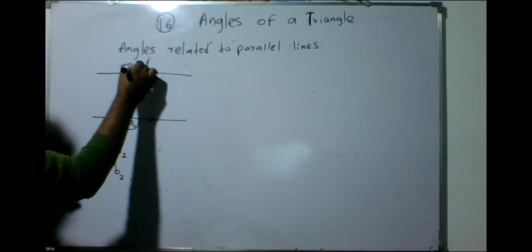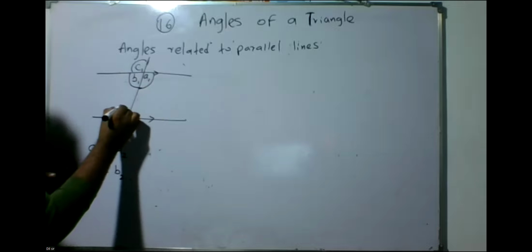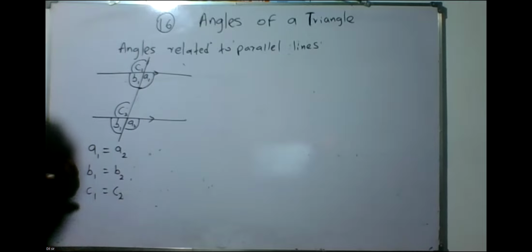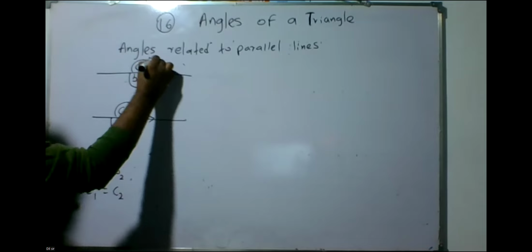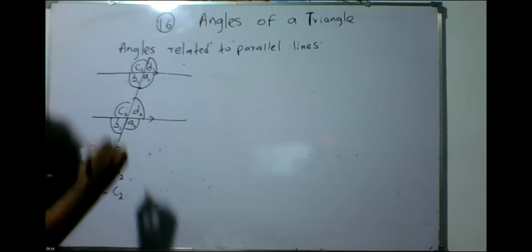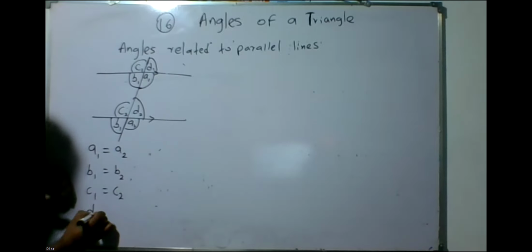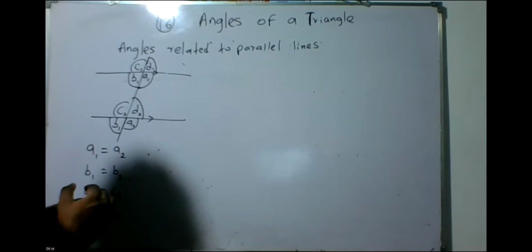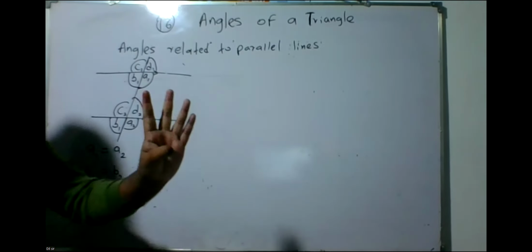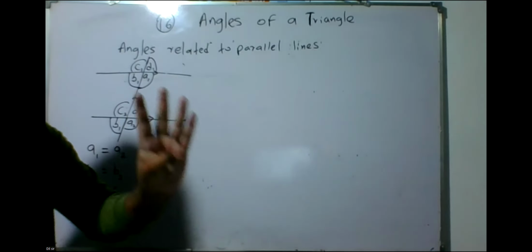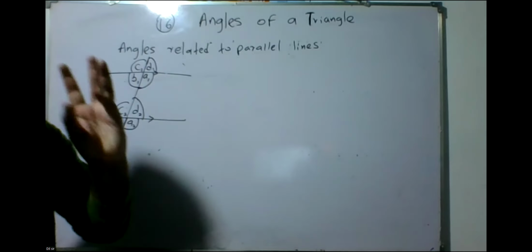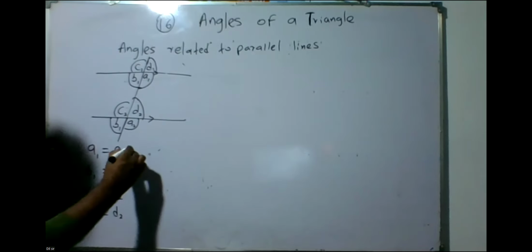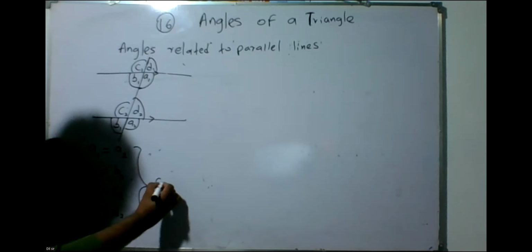Another pair, C1 and C2. C1 is also equal to C2. Last pair, D1 and D2. If two parallel lines are intersected by a transversal, four pairs of corresponding angles are formed. These four pairs we call corresponding angles.